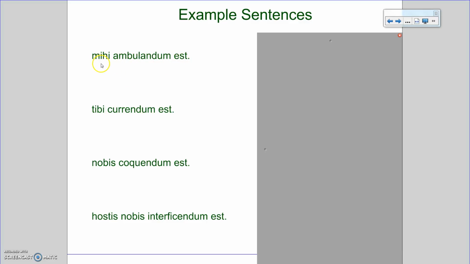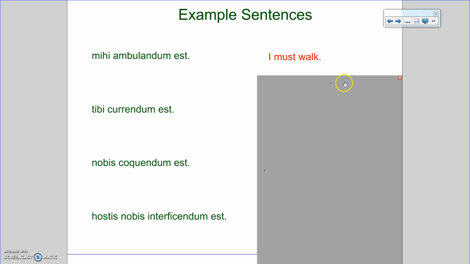Mihi, it is for me, ambulandum est, to be walked. Now that doesn't really make too much sense for us, so a more general translation of mihi ambulandum est is going to be I must walk. So, it is for me to be walked, or I must walk. I think it's pretty obvious what choice you should choose.